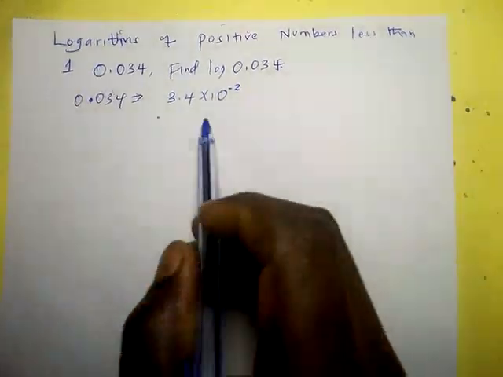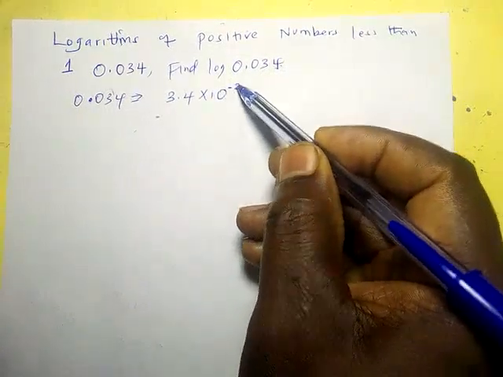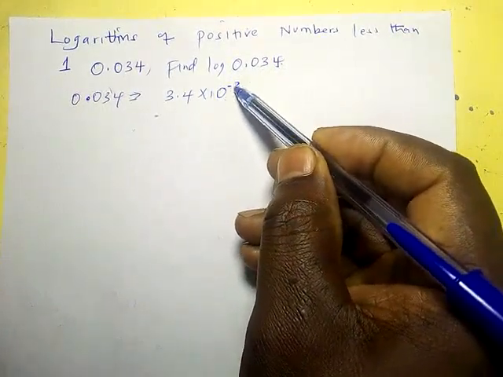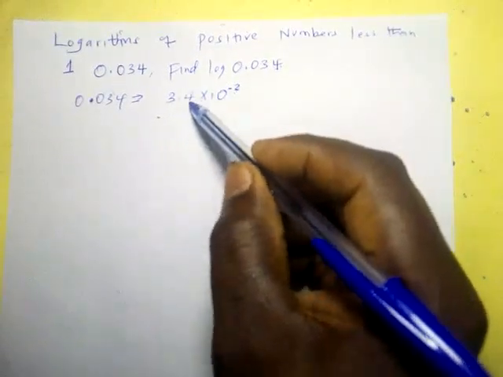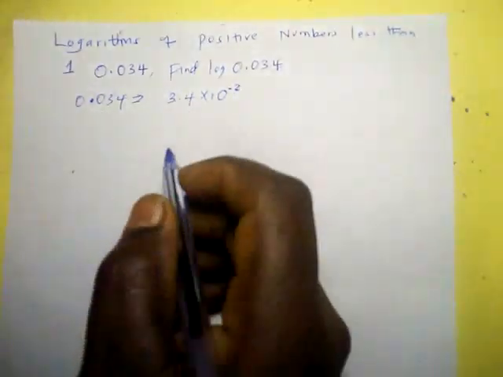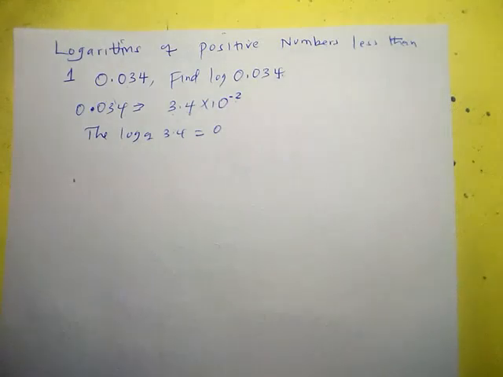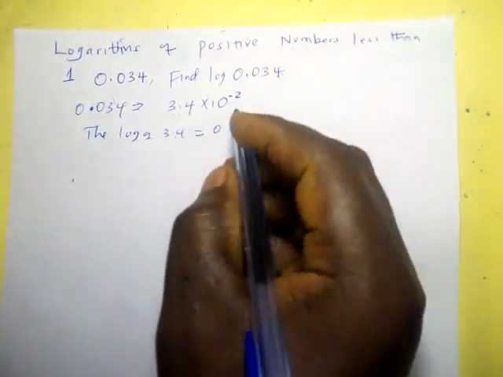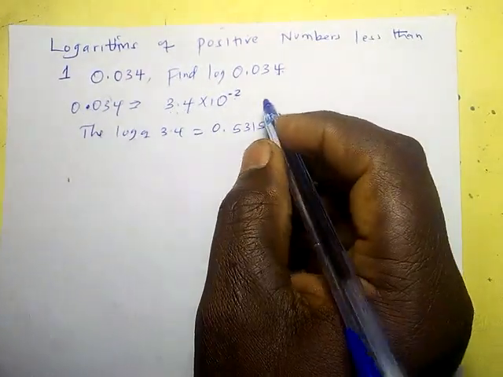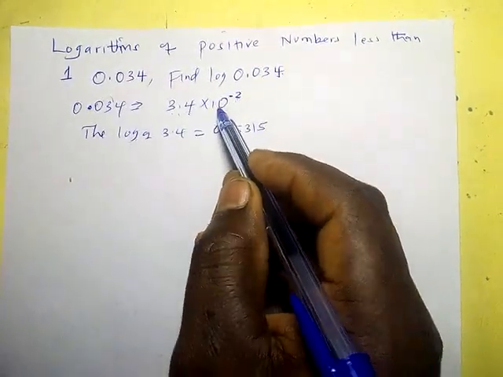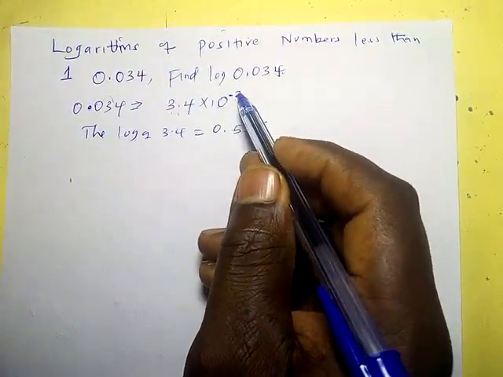Right? Now, the power here, base 10, the power here is what is called the characteristic. What we are going to obtain from the table is the mantissa. Very good. So let us get the log of 3.4. The log of 3.4 is 0.5315. What about this one? The logarithm of 10 to the power negative 2, you take the power. The power is what we call the characteristic, the negative.